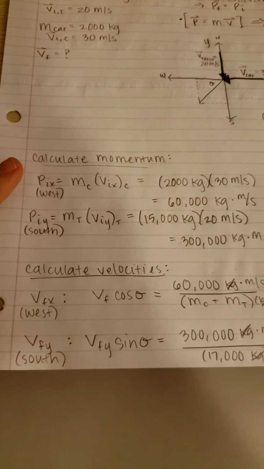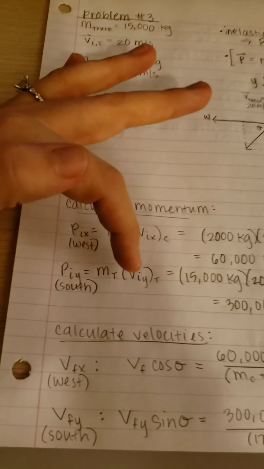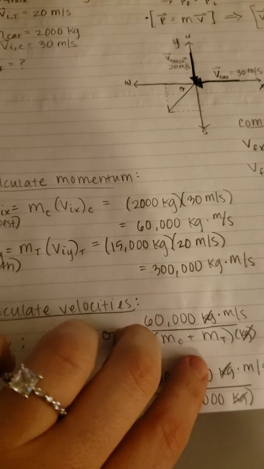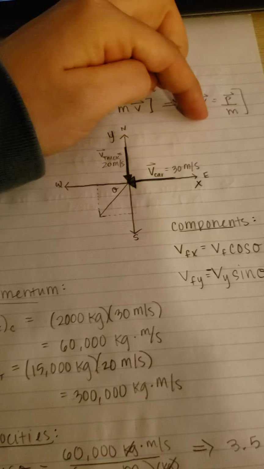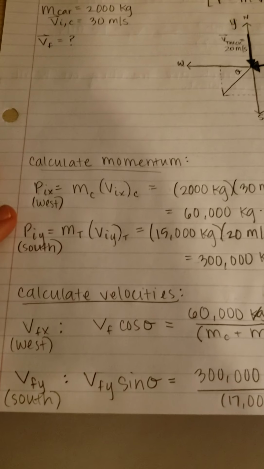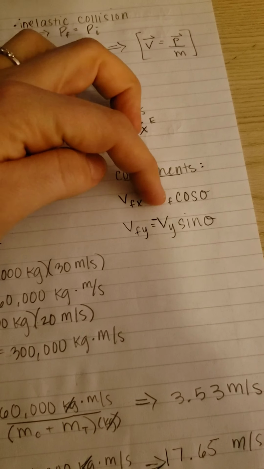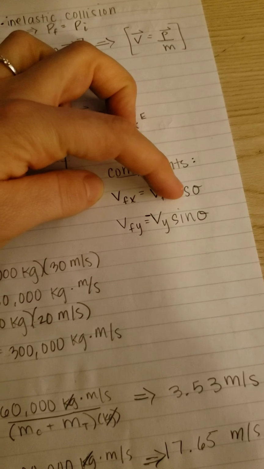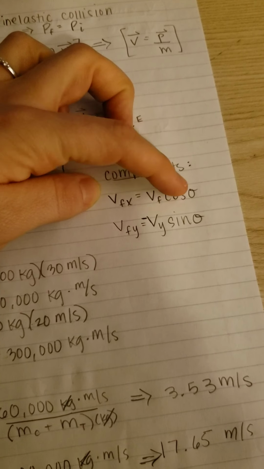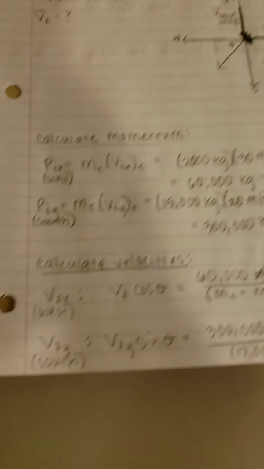So now we can use those momentums to plug into our v equals p over m. So we know v in the west direction, or on the x coordinate system, is equal to the final velocity times cosine of theta.